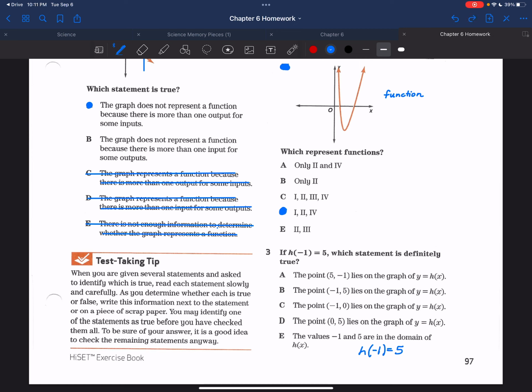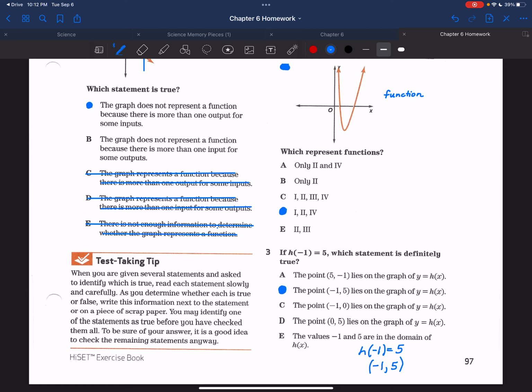Let's do this. When x is -1, the output is 5. Let's do it that way. So, the point -1, 5, would be on the graph, and that is in B. The point -1, 5 lies on the graph of the function.